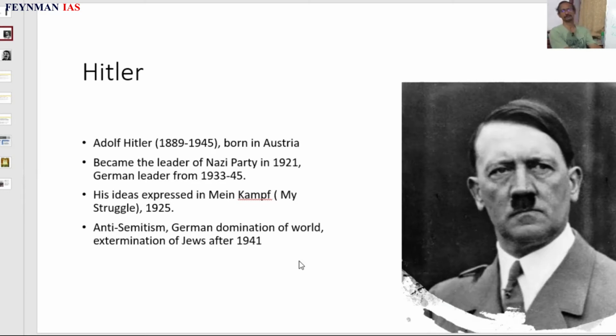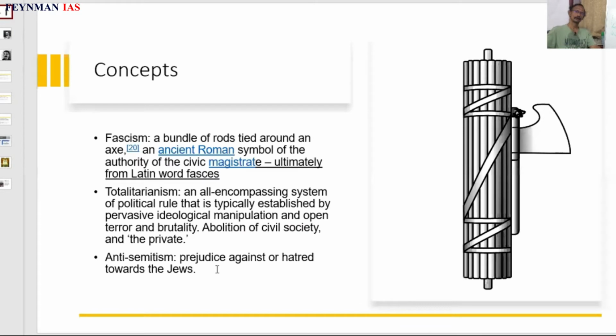This he set about doing from 1941 onwards. Anti-Semitism refers to prejudice against or hatred towards the Jews. So Nazism was based on anti-Semitism.